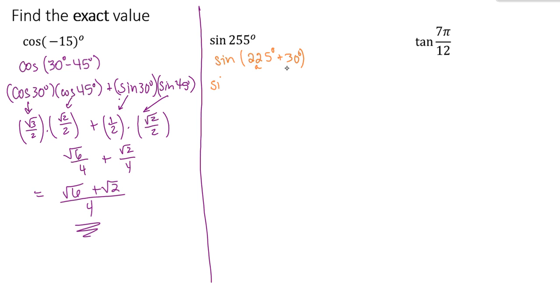This is A, that's B. So sine of A times the cosine of B, so sine of 225 times the cosine of 30, plus cosine of 225 times the sine of 30.